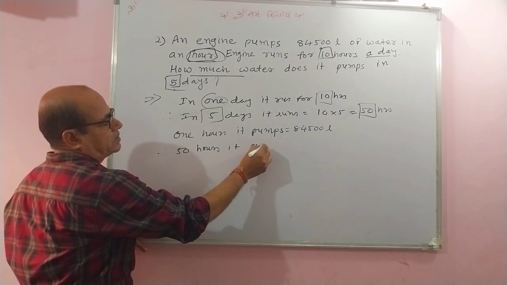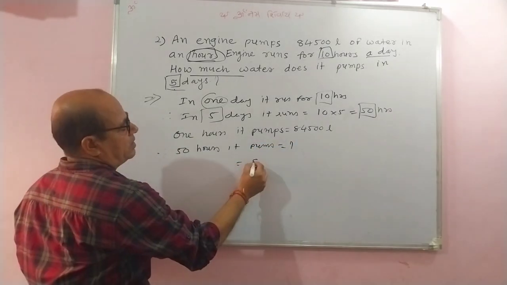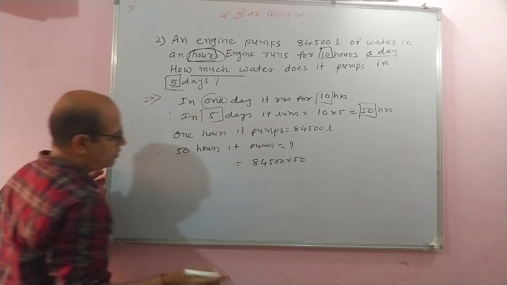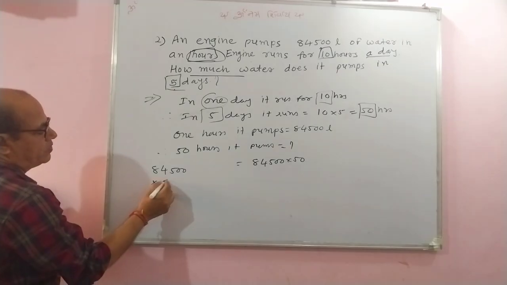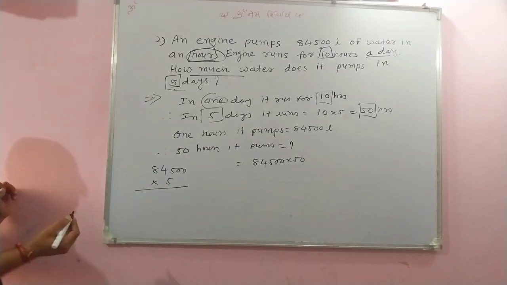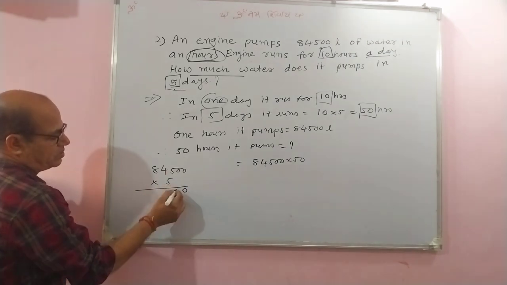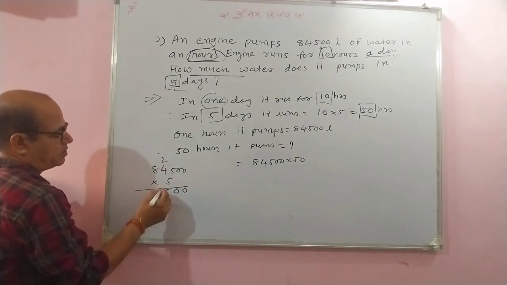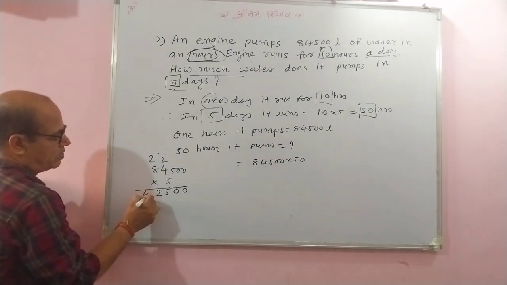Here also we multiply: 84,500 into 50. You can multiply by 5 and after that add a 0. 5 zeros are 0, 5 zeros are 0, 5 fives are 25, 2 carry, 5 fours are 20 plus 2 is 22, 2 carry again, 8 fives are 40 plus 2 is 42.